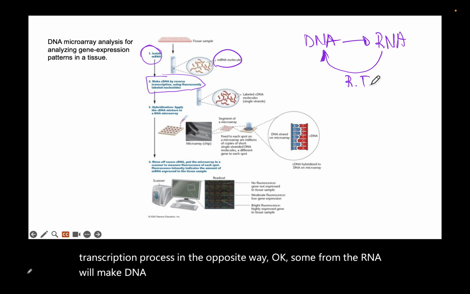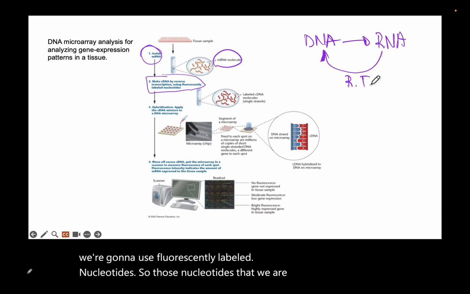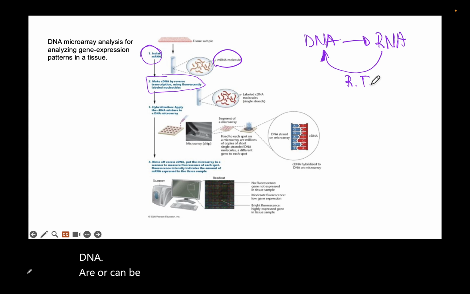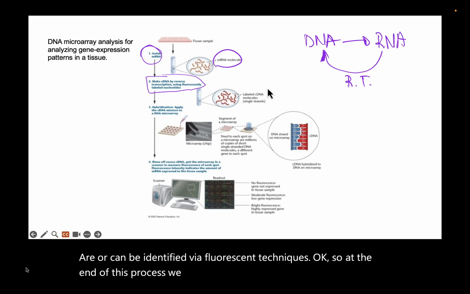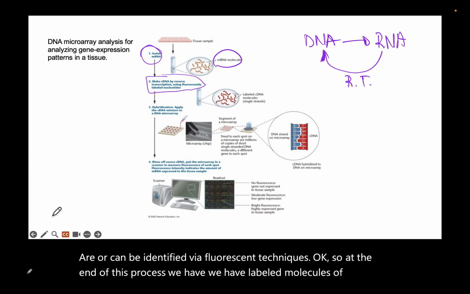Here we make cDNA, and while making the cDNA we use fluorescently labeled nucleotides. So the nucleotides that we use to make this new DNA can be identified via fluorescent techniques. At the end of this process we have labeled molecules of cDNA, as indicated here.